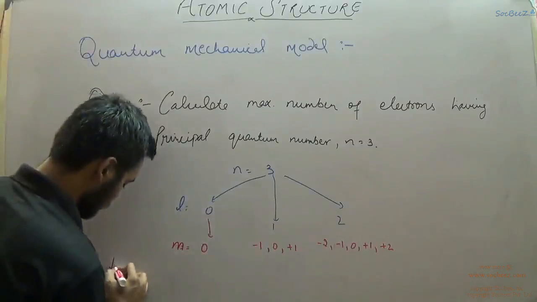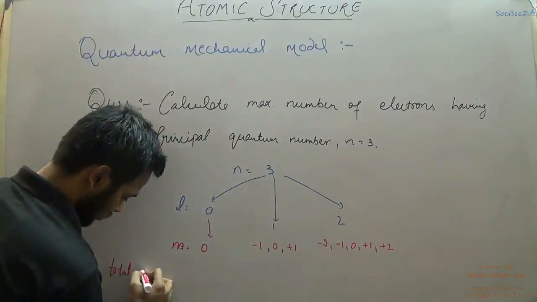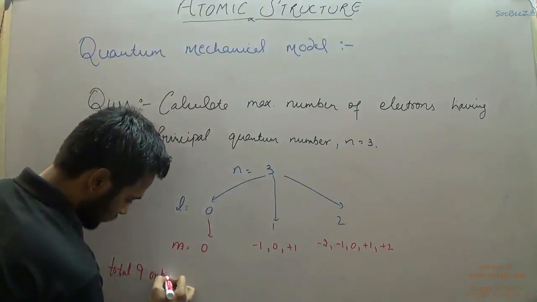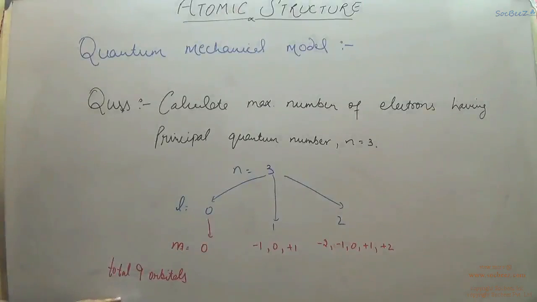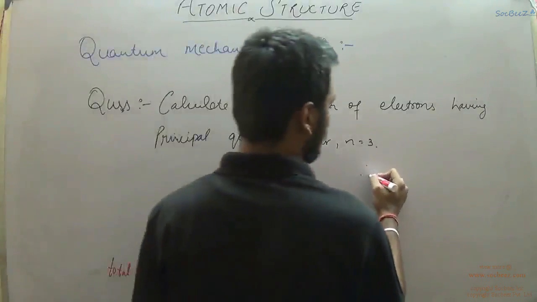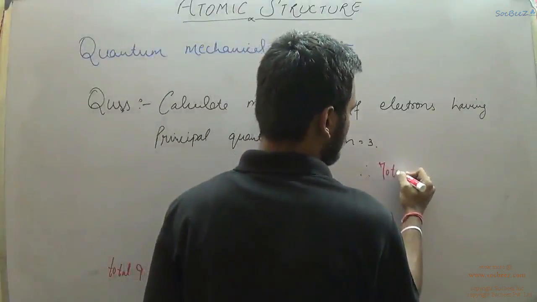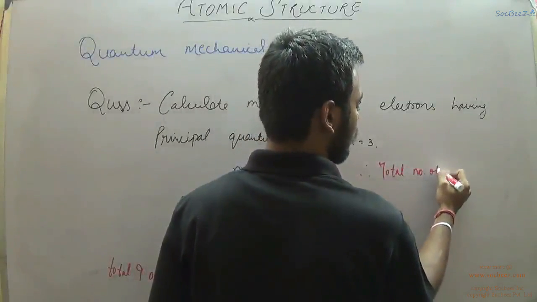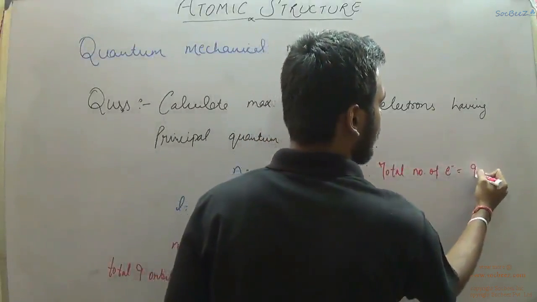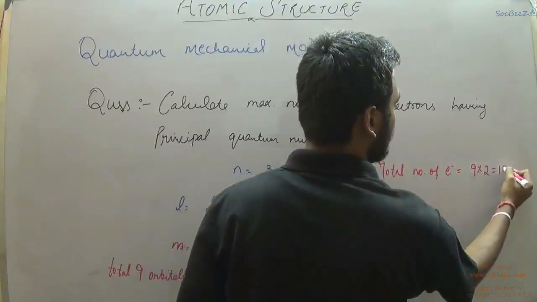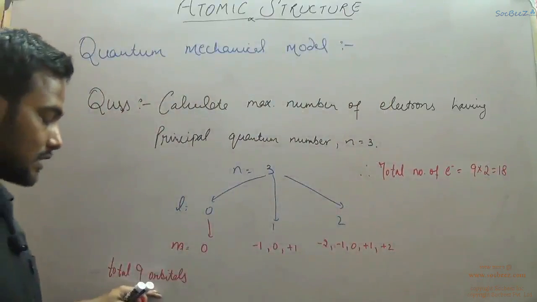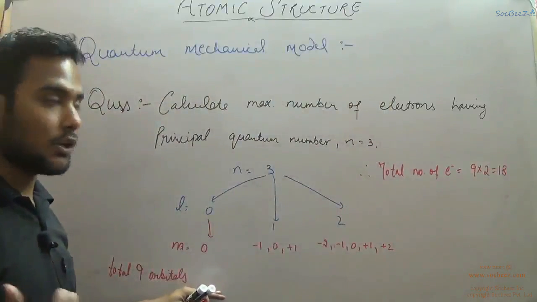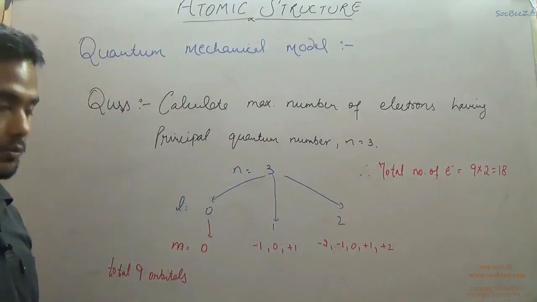Therefore, the total number of electrons equals 9 into 2, that is 18, because a maximum of 2 electrons can be accommodated in a particular orbital.